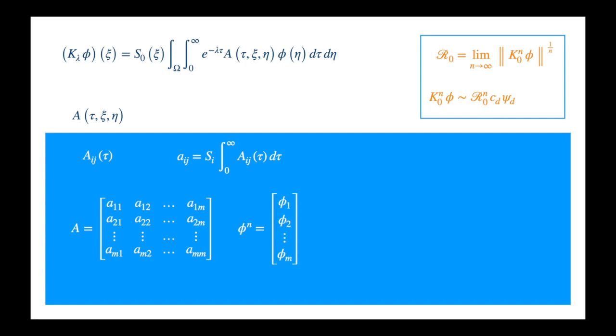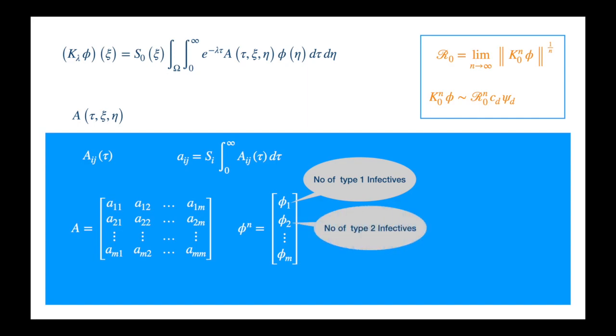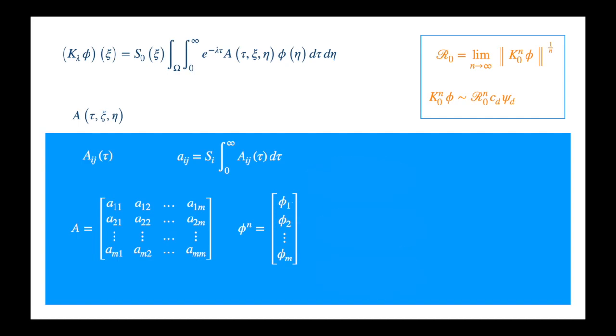Now, if you have the distribution of the infectives as of generation n, so this vector represents the number of infectives of the m types in generation n. Phi 1 represents the number of infectives of type 1. Phi 2 represents the number of infectives of type 2, and so on. Then using matrix A it is easy to determine the distribution of the infectives in the next generation. You just multiply A and phi to get the next generation distribution of the infectives.